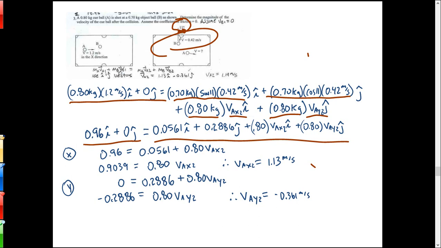Pull out the x's and solve for that, it's 1.13. Pull out the y's and solve for that, it's negative 0.361. That's the x and y components of the velocity of A. You can take the square root of the sum of the squares and get the velocity of A, and you can also find its angle. Okay.